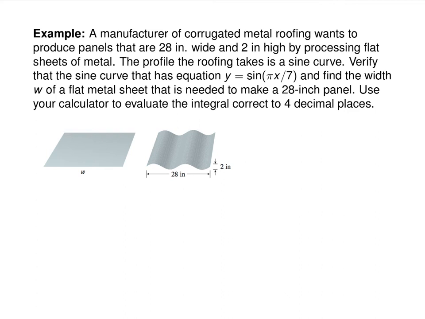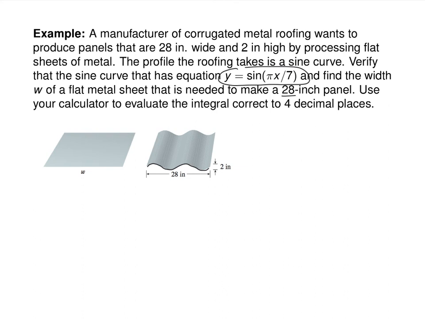We're going to verify that the sine curve has this equation, and we're going to find the width of a flat metal sheet that's needed to make this 28-inch panel. That is equivalent to figuring out the arc length of that piece. If you find that length, you figure out how long the piece needs to be before compressing.